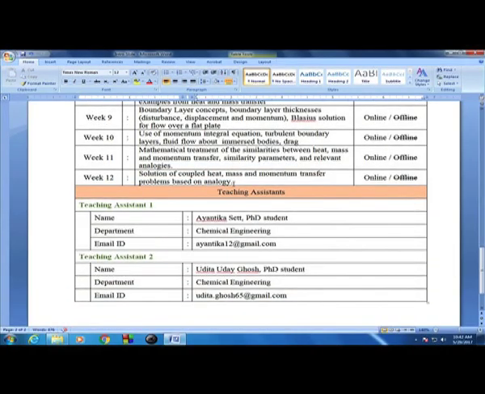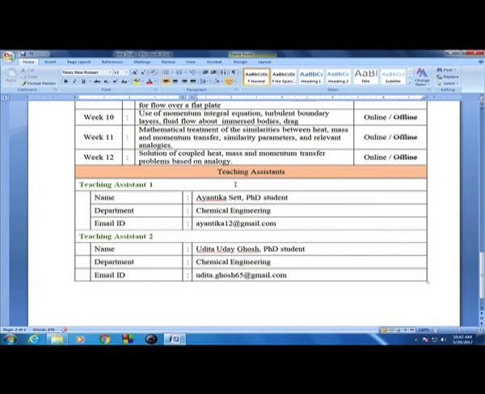So what I have tried to give you is, in a nutshell, the objective of the course, what are the topics that I am going to cover in this course, how they are structured, and so on. After I teach maybe 3 or 4 such lectures, there would be a tutorial component, and the 2 TAs, who are 2 of my PhD students, would be available to answer any of your queries and also to assist you in your understanding, because sometimes you'll definitely have questions.